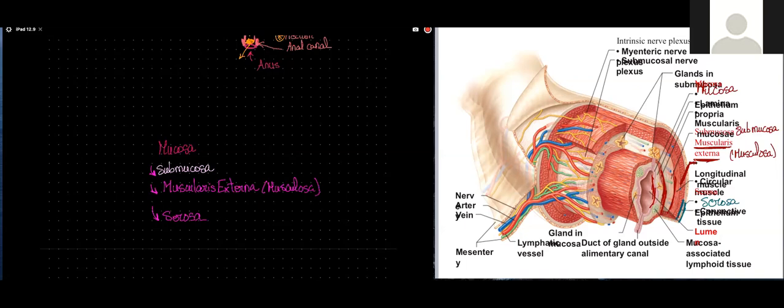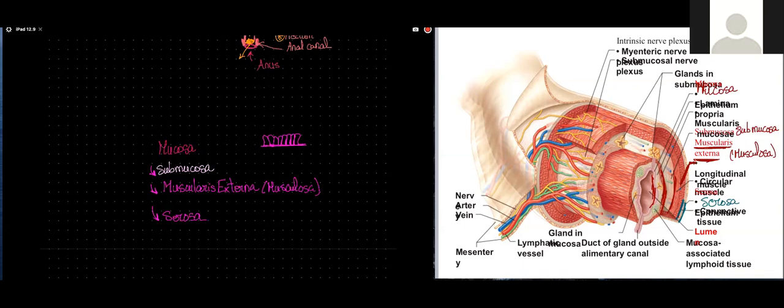Mucosa is going to be formed of epithelial lining. Remember, what is the type of epithelium that we've got lining the gastrointestinal tract? Do you remember what type of epithelium is lining the gastrointestinal tract? Simple squamous, any other?